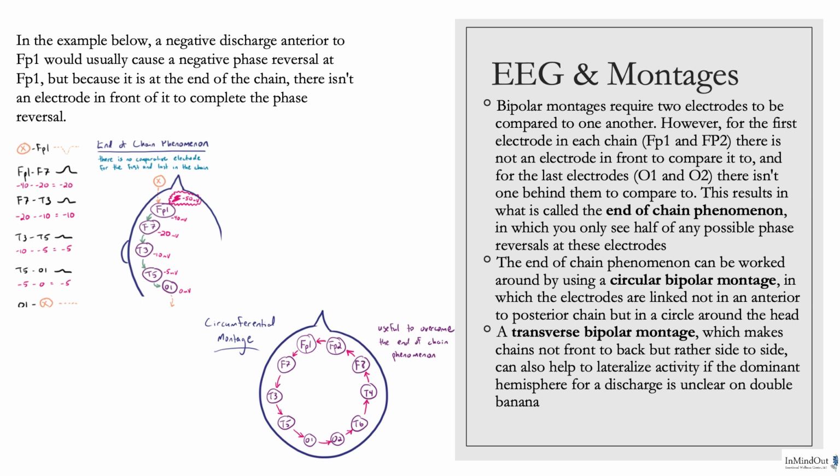Or we can also, as I mentioned earlier, look at a transverse bipolar montage, which looks from one side to the other, from the left to the right, instead of from the front to back. So that's a way we can look at different montages and understand where exactly certain activity is happening.